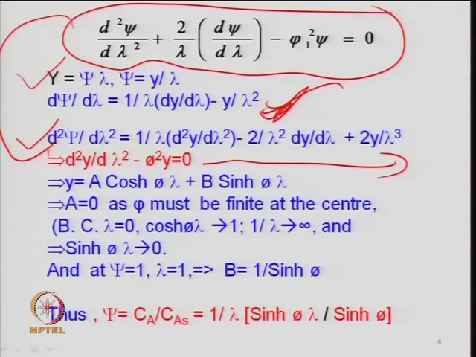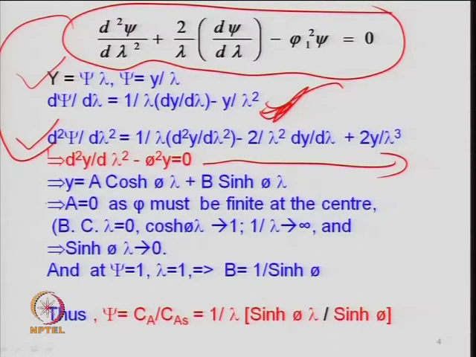Same thing for the spherical pellet, because you got the same equation here. The solution can be written in the form of either e to the power phi lambda plus e to the power minus phi lambda with these two constants, or you define it in this form.